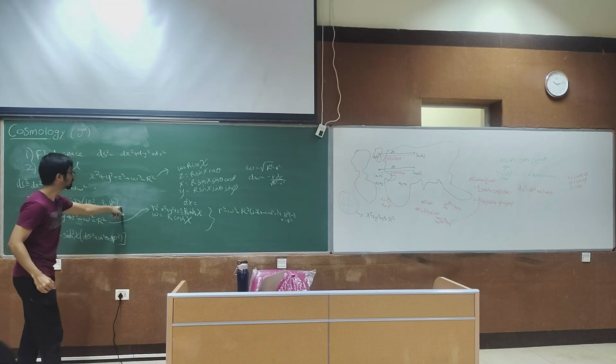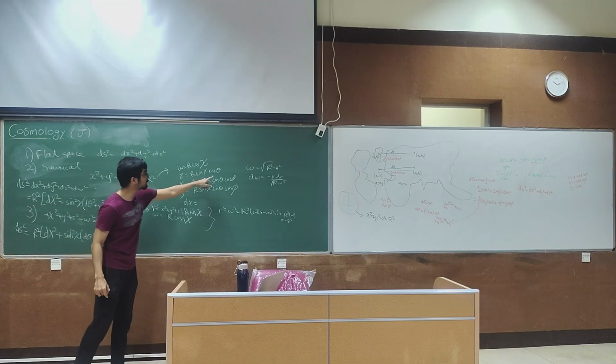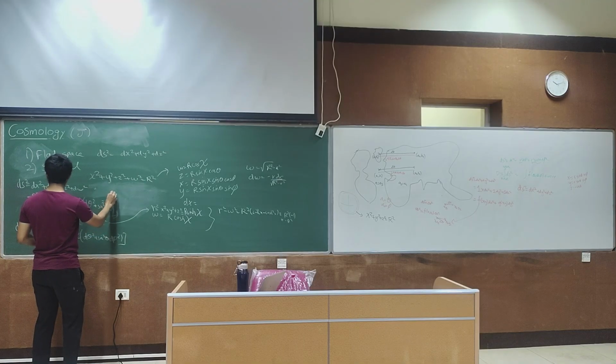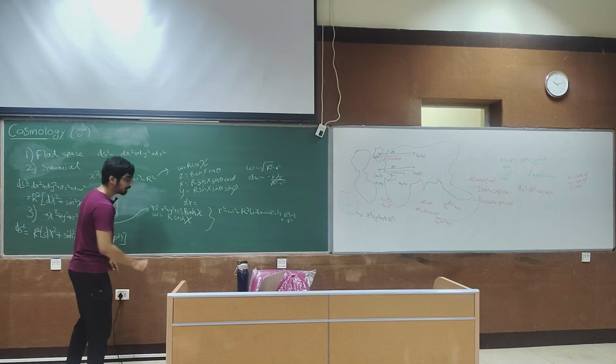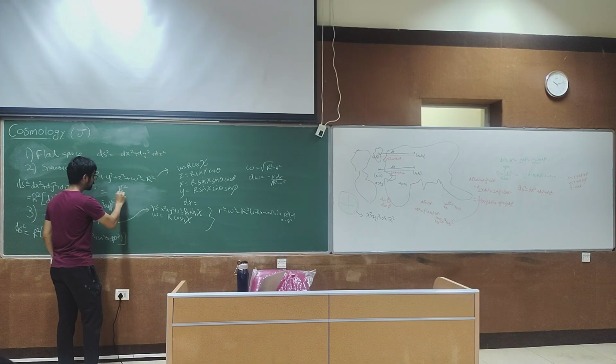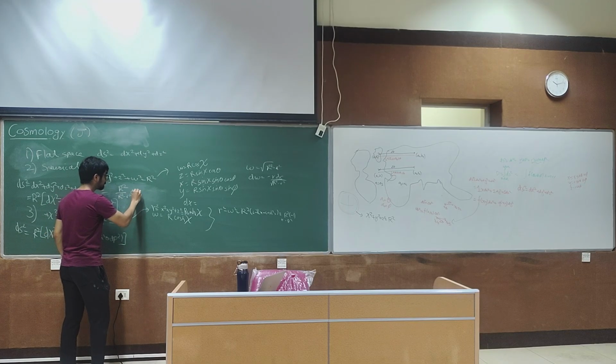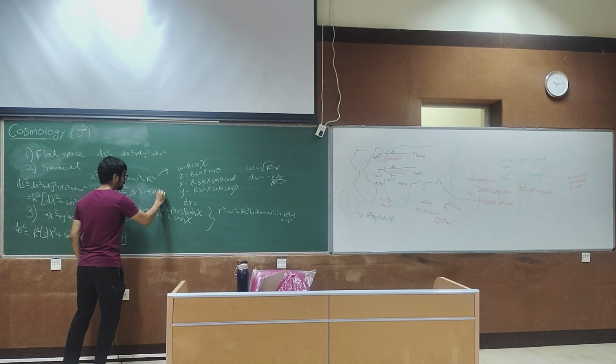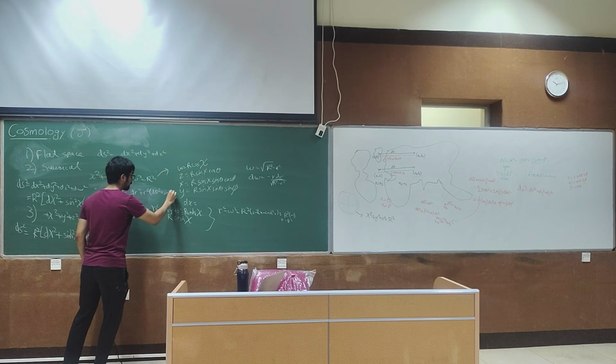So we had one form expressed in terms of chi, theta, phi. Another way would be to express the same thing as R squared by R squared minus r squared dr squared plus r squared times d theta squared plus sin squared theta d phi squared.